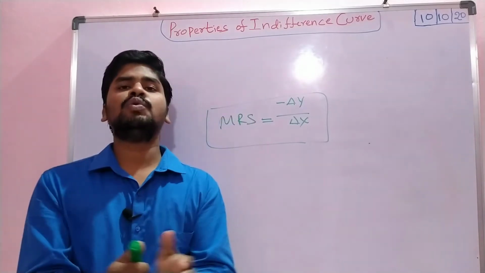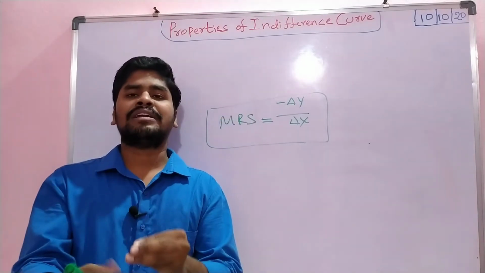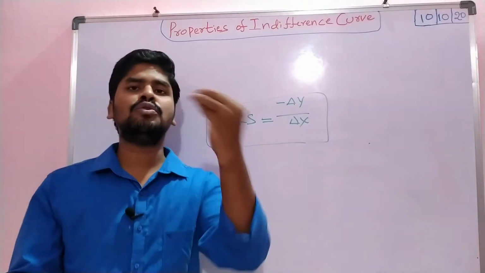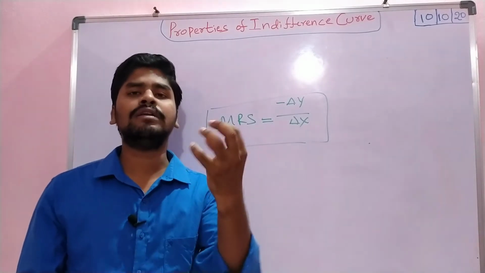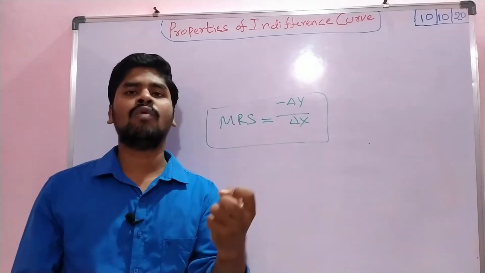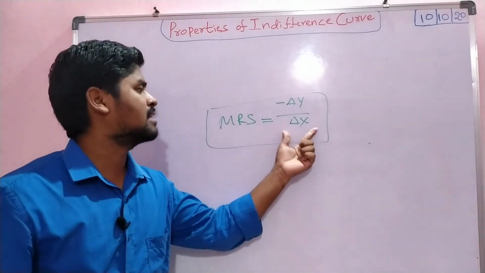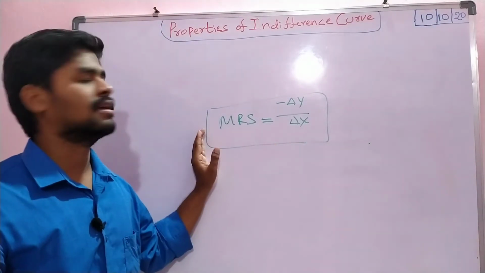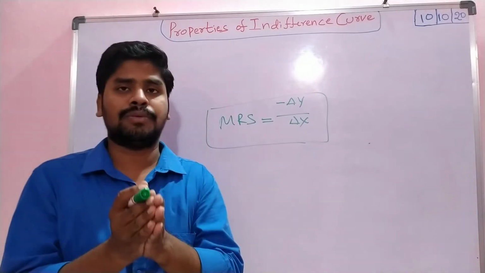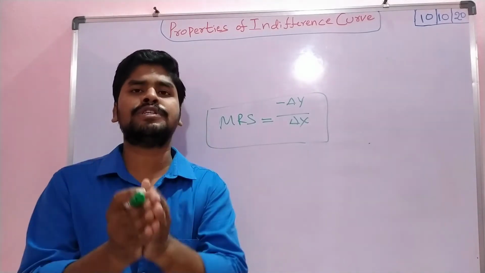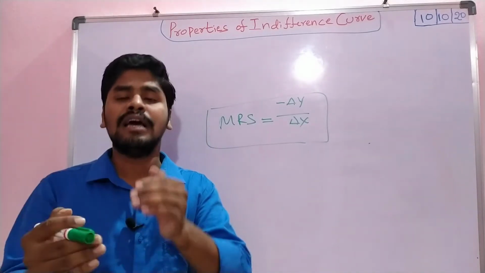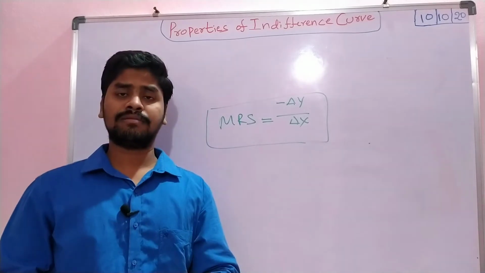Whatever amount of Y quantity you are foregoing for one unit of X, that is MRS. That is the diminishing ratio. The ratio of MRS is continuously diminishing.